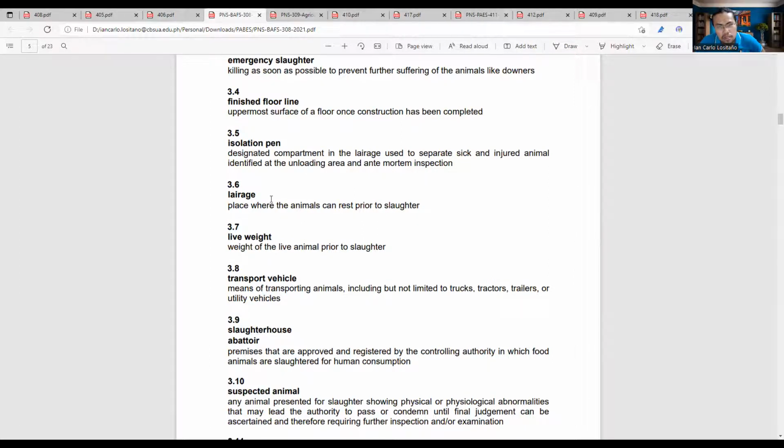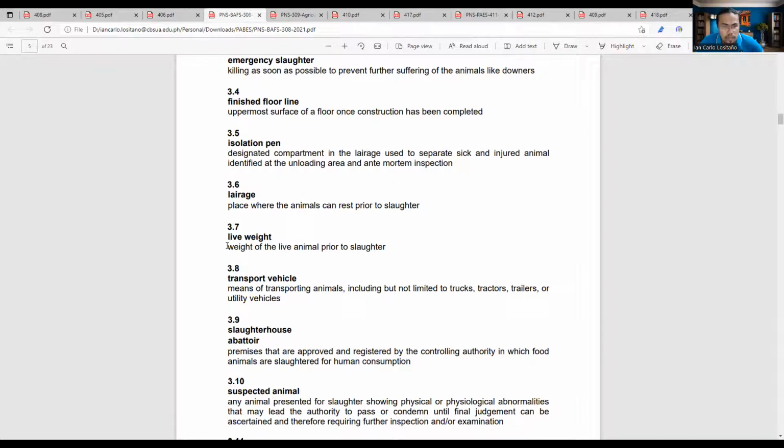There could be a lairage inside a farmstead, and also a lairage inside a slaughterhouse facility, because the slaughterhouse facility could be located outside the premises of a farmstead, which is most often the case, because in cities and municipalities, a slaughterhouse or abattoir is required.